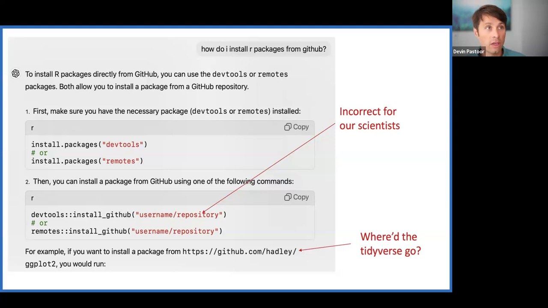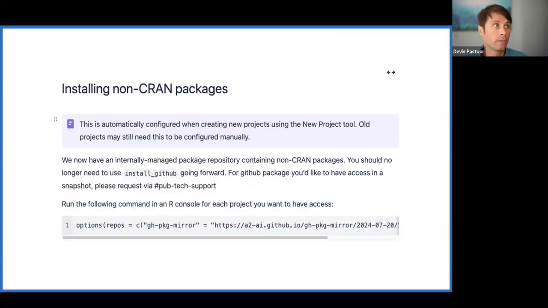But in our case, this response was incorrect and not aligned with our guidance. And so what we wanted to do is take articles like this that we had internally and provide them to the LLM so people can ask questions in natural language and get these types of helpful responses back.